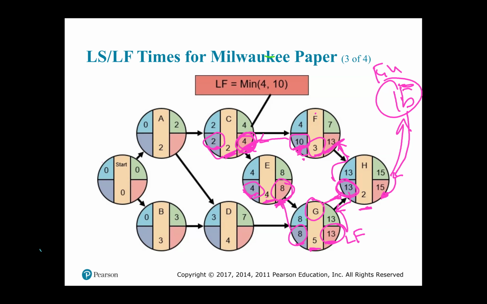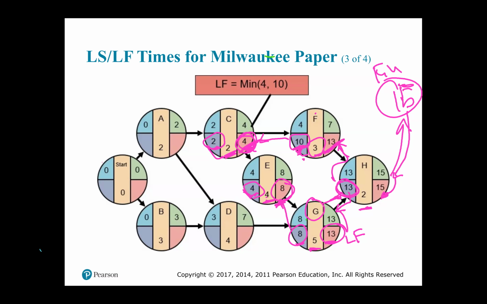Good. Now, we go back and we consider. Notice we did H, F, G, E, and C, but we still have D, B, A, and the start node to complete. So we continue with our backwards trek, right?